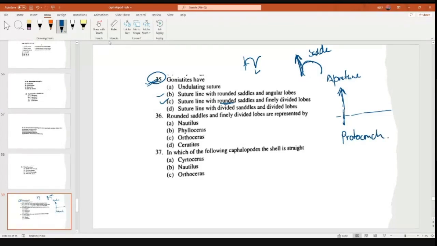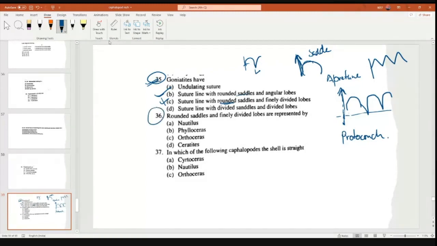So saddle and angular lobe: B is correct, not C. In some cases both are angular like this, so this is C.